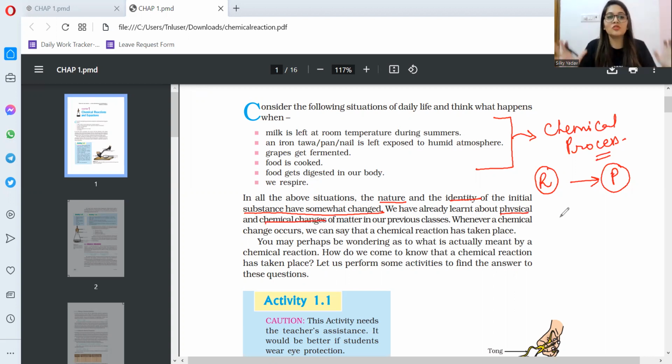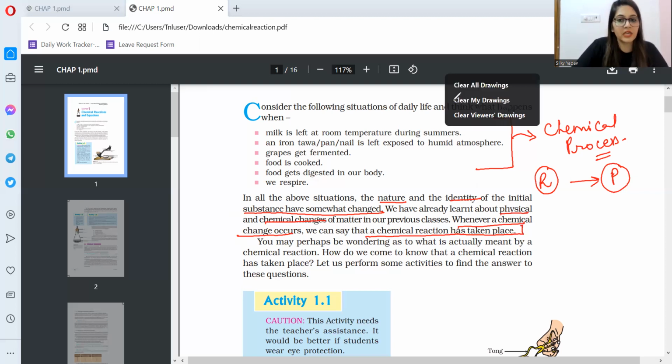Physical change means something like smell, melting point, boiling point, solid, liquid, gas, the change of state, right? But chemical change means the reactant was something different, but the product formed is now something different. Okay, so that is a chemical reaction.